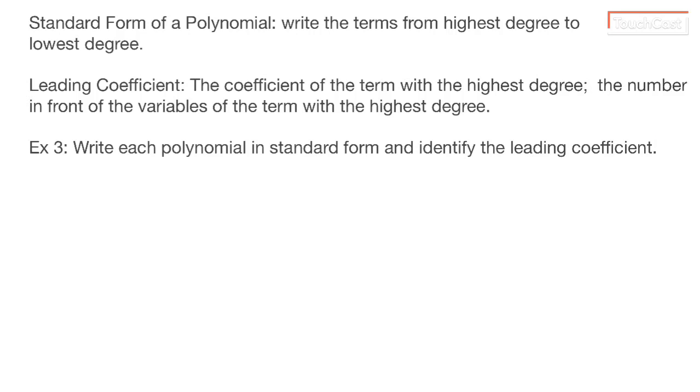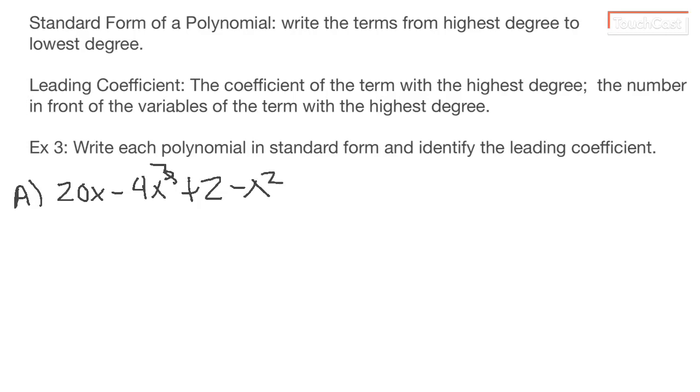So our first polynomial that we need to write in standard form is going to be 20x minus 4x cubed plus 2 minus x squared. So to write it in standard form, we need to first identify which term has the highest degree. And that's going to be this negative 4x to the third. So we're going to write that first, minus 4x to the third.